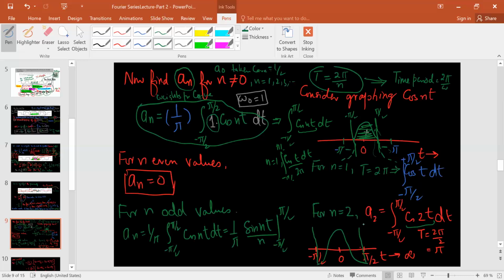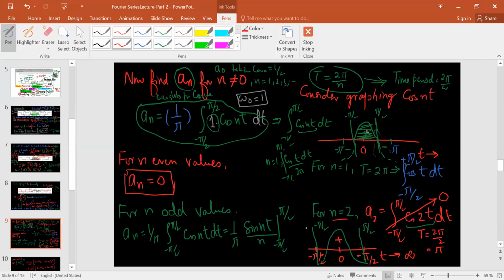These are the walls: this value is pi by 2 and this value is minus pi by 2. It's very obvious that this area is positive and these two are negative areas. The positive and the two negative areas will cancel each other, and for n equal to 2, this whole integration will end up with value 0.